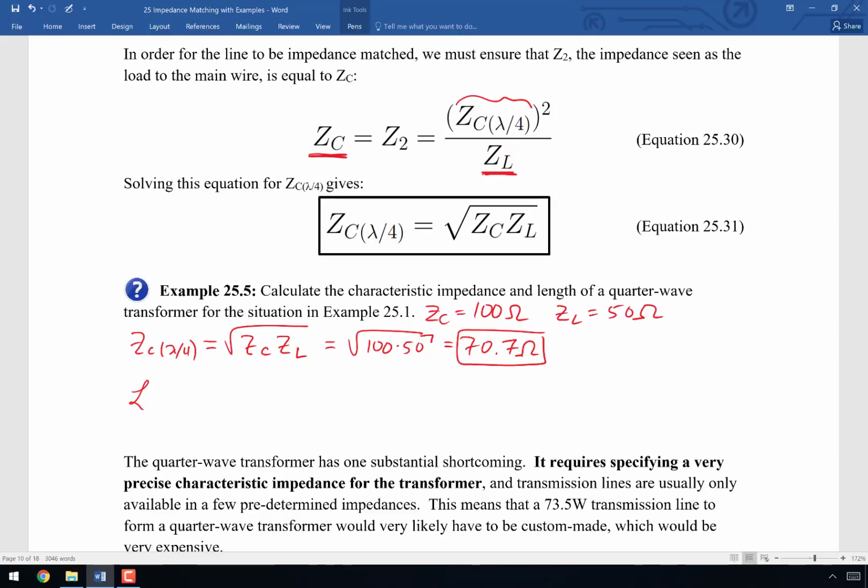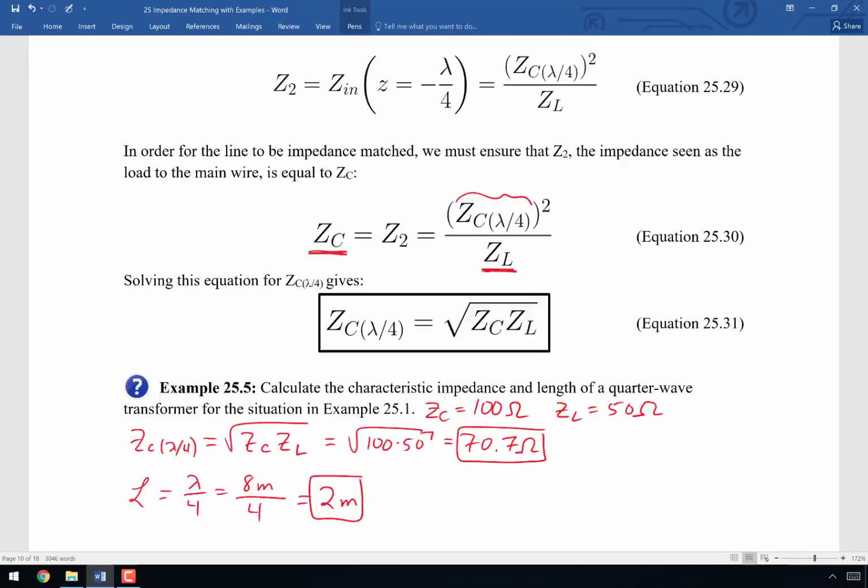The length needs to be a quarter of a wavelength. The wavelength was 8 meters, which we calculated back in example 25.1. Divided by 4 is 2 meters. So if we separate the load from the line and insert a 2-meter piece of 70.7 ohm transmission line, then it will appear as though the line and the load are matched to each other.